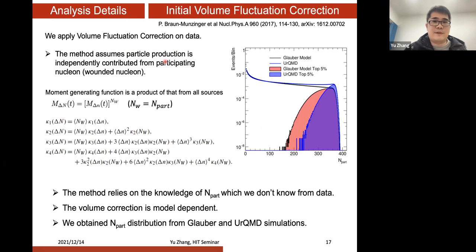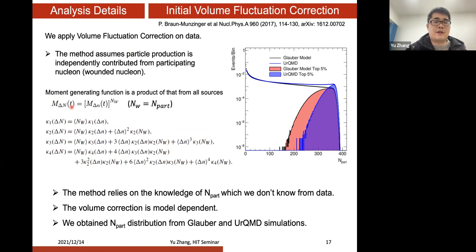Here the sources are participating nucleons. So then we can construct our moment generating function. As you can see here, the left-hand side is the moment generating function from all sources, and it can be a product of the generating functions from different sources.